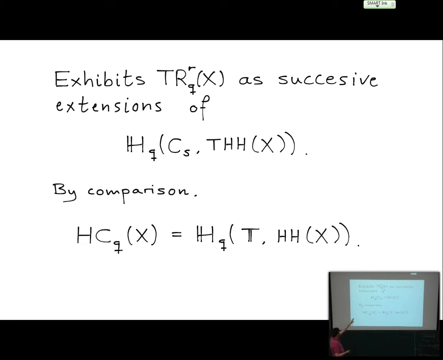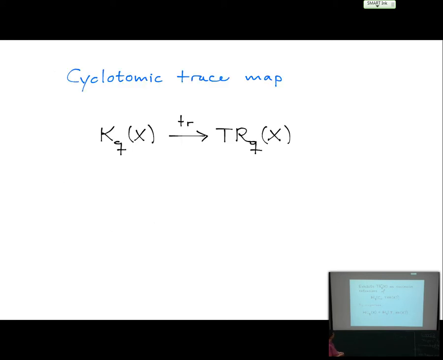I should also say that the fact that these TR groups are these successive extensions goes back to work of tom Dieck and Seigel at the very beginning of equivariant homotopy theory.